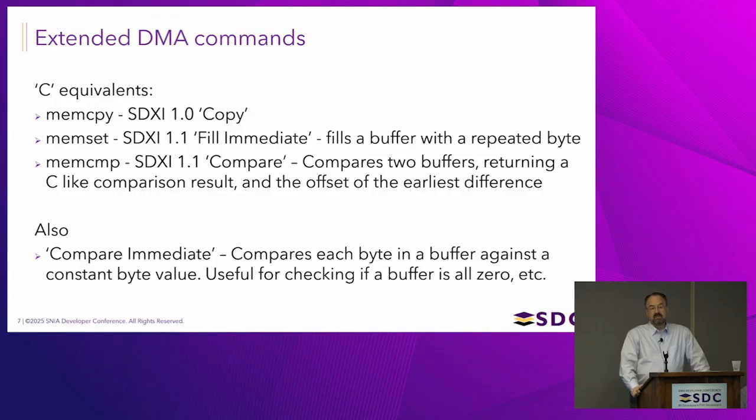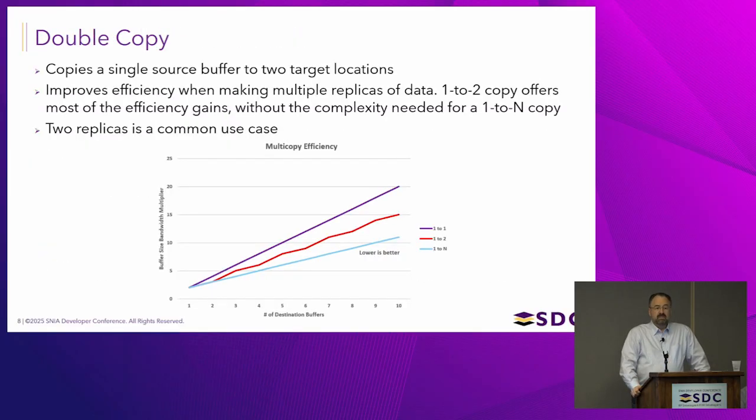There's also a compare immediate operation, so again, comparing two buffers, but the buffer is actually just an immediate value repeated. This is useful if you want to know, is this buffer all zeros, or what's the first non-zero value in the buffer? Again, it's a capability that's been added in. There's now a double copy operation, a single source, dual target.